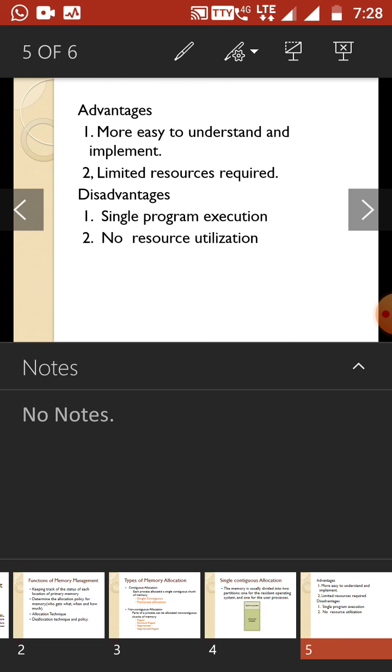Here, at a time both the user program and the OS program are resident, so the OS program should not refer to any memory location of the user program, and the user program should not refer to any memory location of the OS program. That is, the high memory area should not refer to any location of low memory, and the low memory area should not refer to any location of high memory.